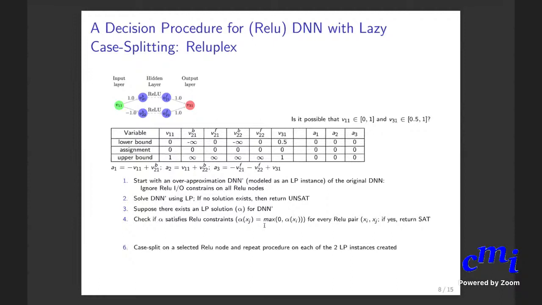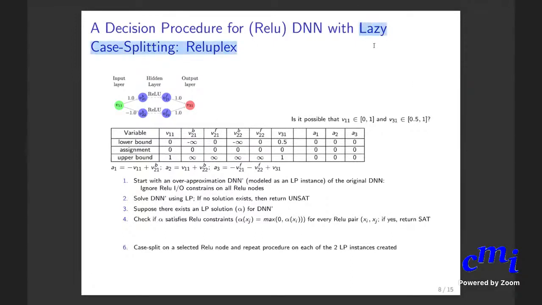If they satisfy the corresponding ReLU constraint, then you say it is satisfiable on the original problem as well. Otherwise, only then you will consider doing the case split. That you could do. So that's why I call this a kind of lazy case splitting.